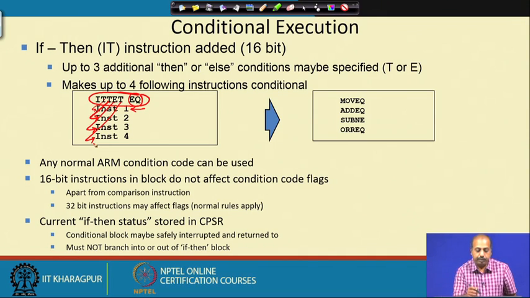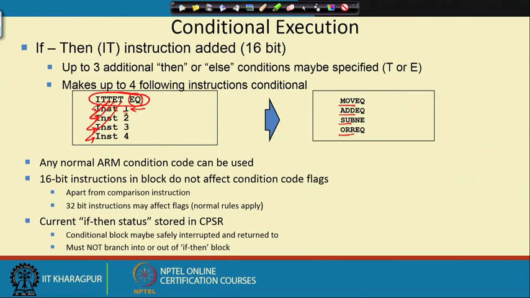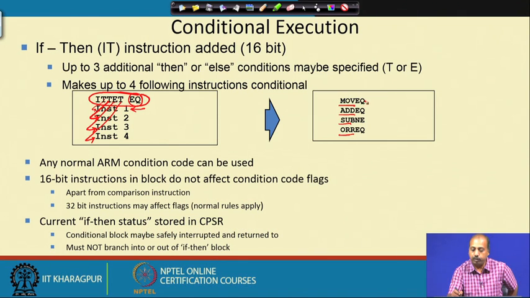So, basically the basic instructions are like move, add, sub and or. Since the first, second and fourth instructions were the then part, the true part, for them we have got the qualifier eq, and for the third instruction, which was the else part, it is not eq.